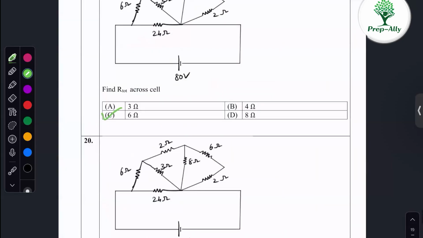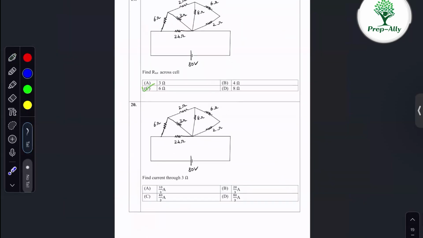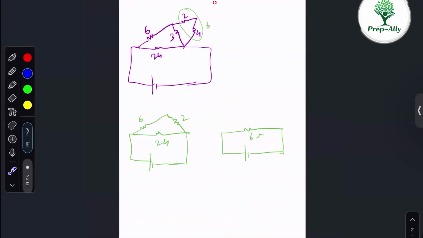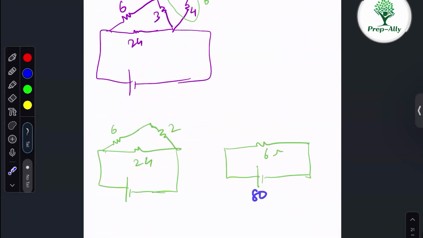The answer for this is C. Then they're asking current through the 3 ohms. So current through this will be 80 by 6, or 40 by 3. Now out of that 40 by 3, again you can write 80 volts.